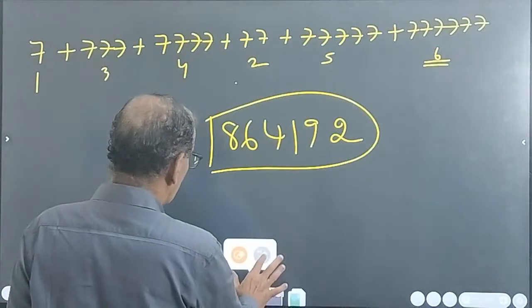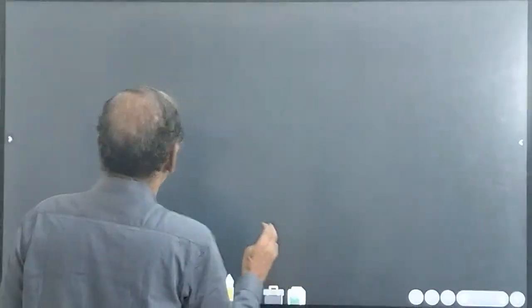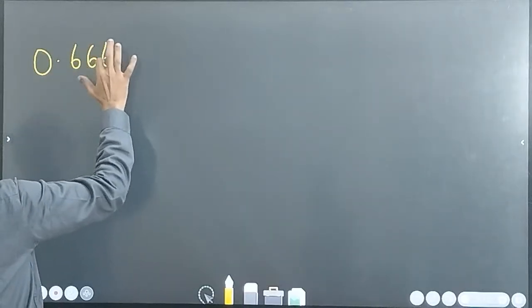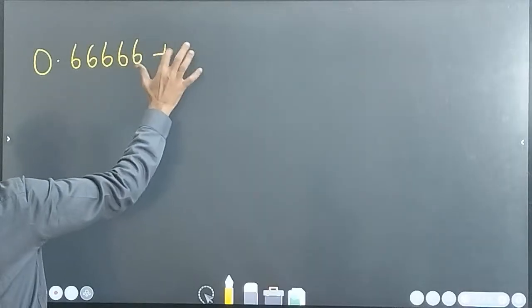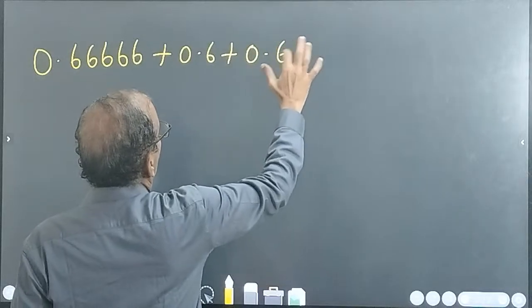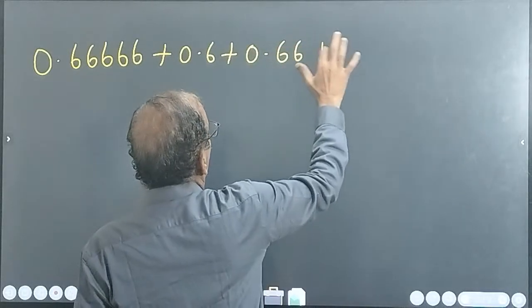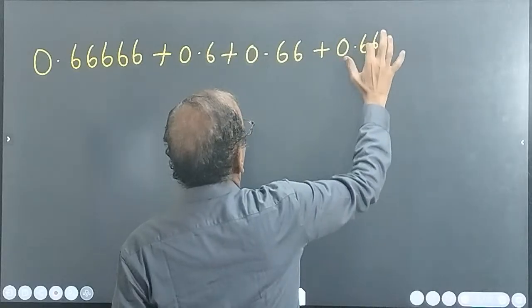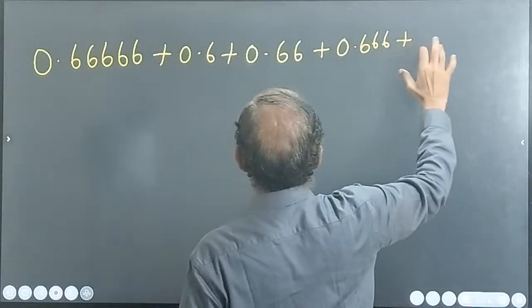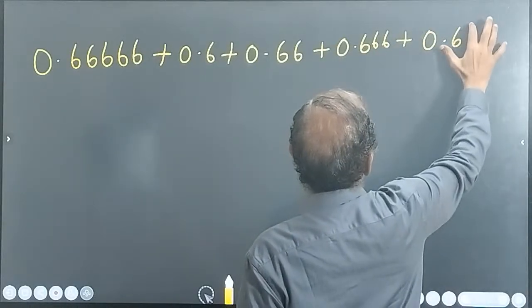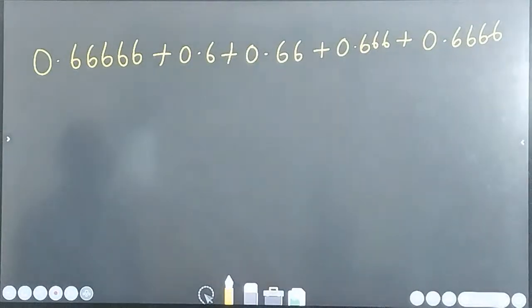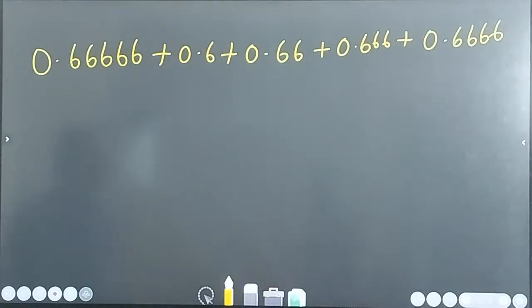If decimals are there, what do we have to do? Suppose the question is like this. 0.6666.